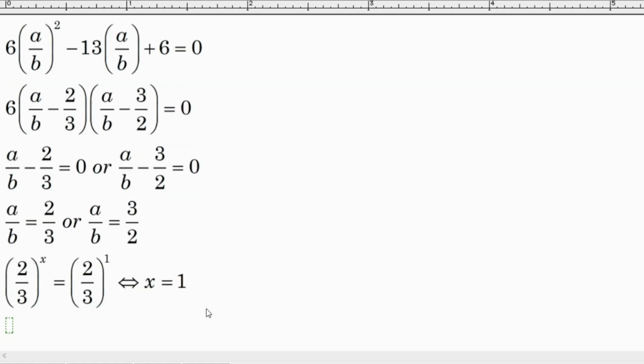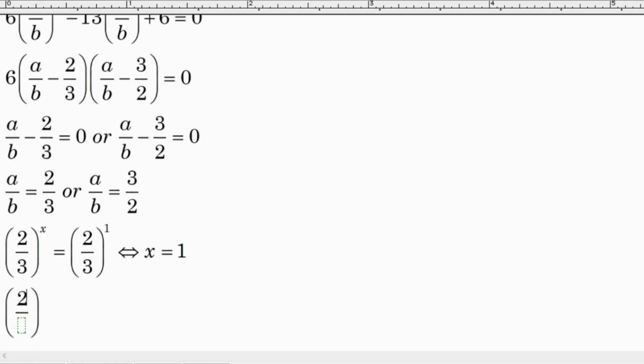Alright, now we got one answer, and here we have a over b equal to 3 divided by 2. So a over b, which is 2 over 3 all to the power x, is equal to 3 over 2. Here we have 2 over 3, and here is 3 over 2, which is not the same base.